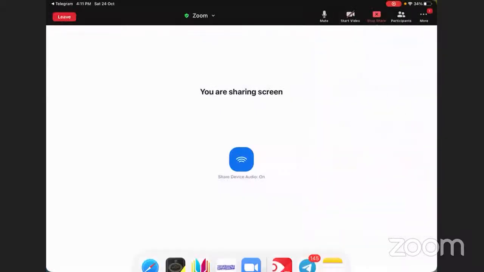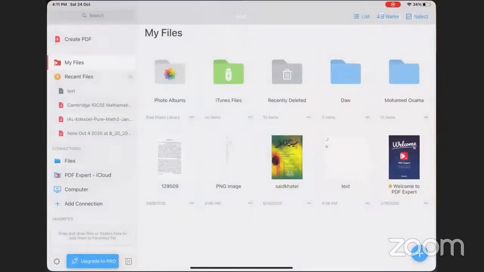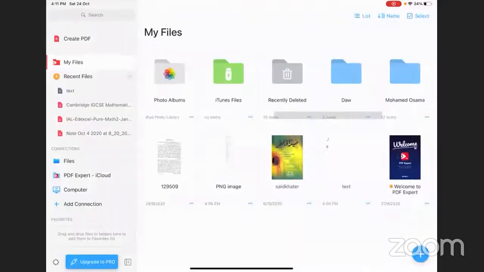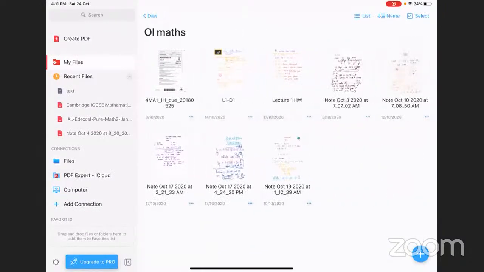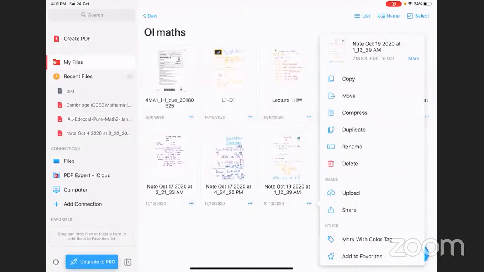Okay, what else? So let's try to solve the homework. Let me share the screen. Share screen, start broadcast, share. Okay, PDF Expert. Oh, here it is.